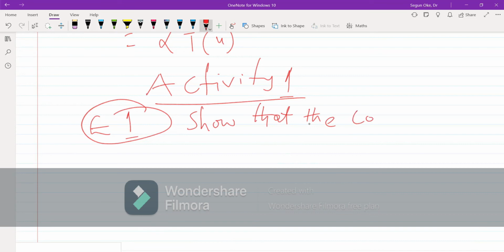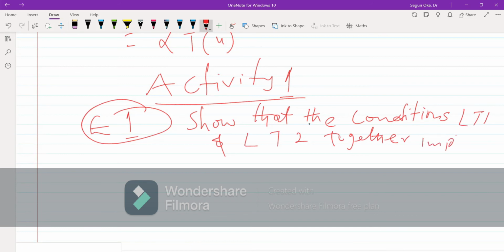Show that the condition LT1 and LT2 together imply LT3.